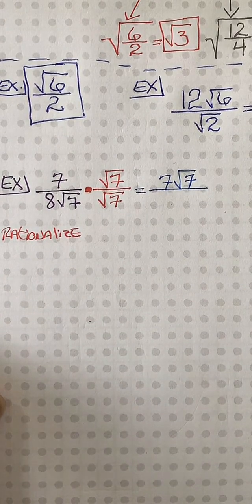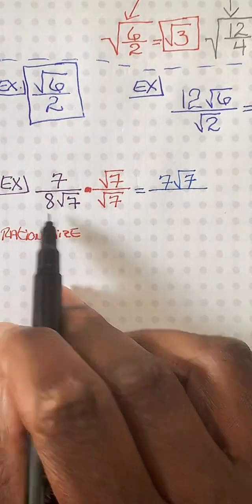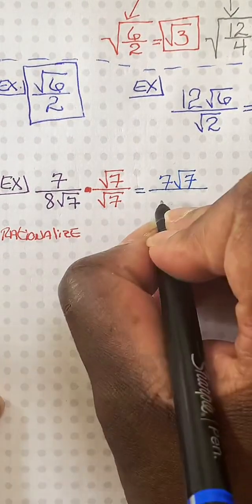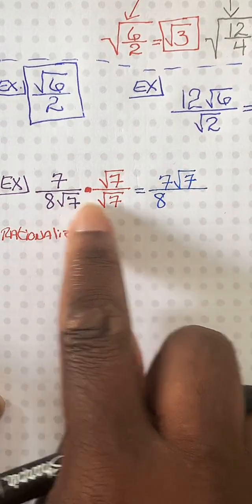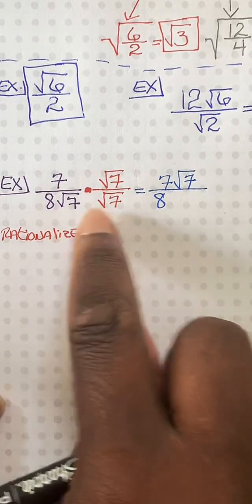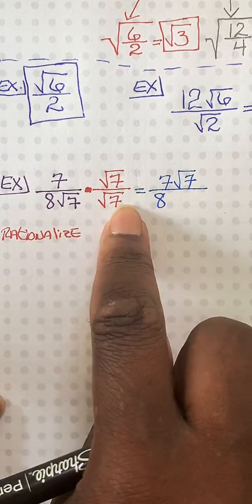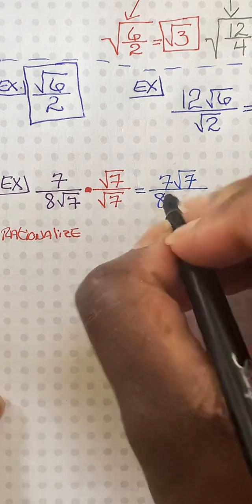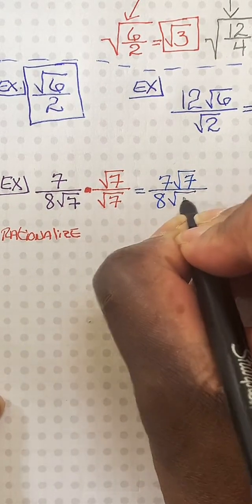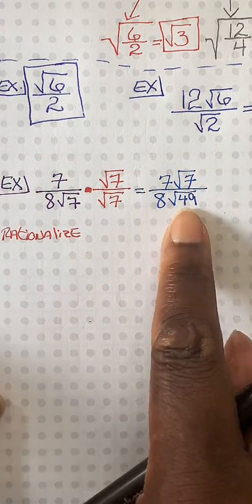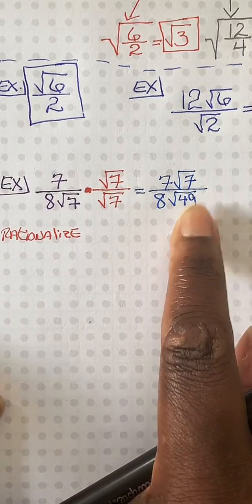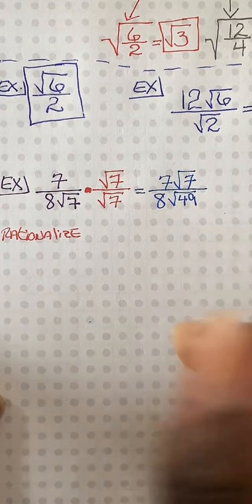Okay, good. So now down below, I have 8, which is a whole number, but I have 2 radicals. I can multiply those 2 radicals together. 7 times 7 gives me the square root of 49. So now, square root of 49, that's a perfect square root.